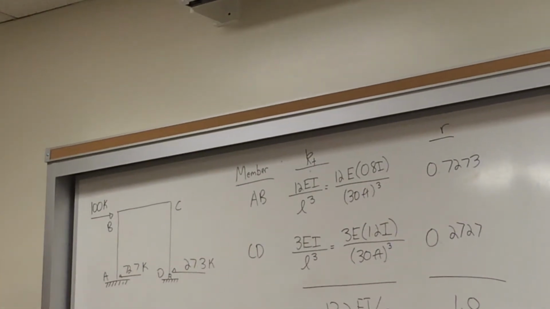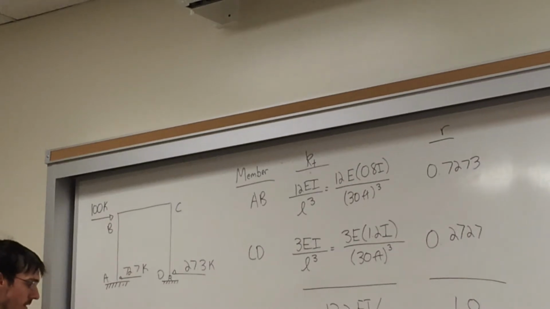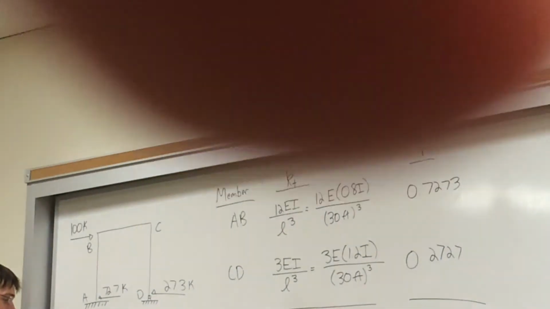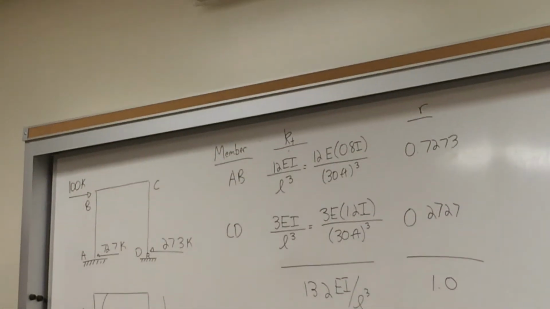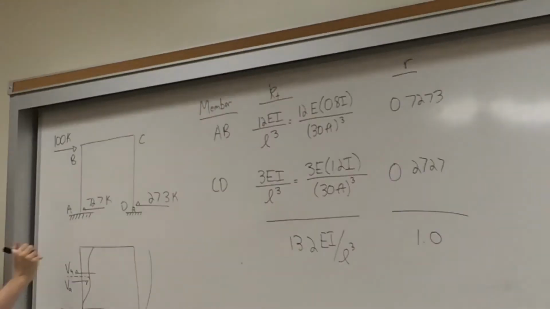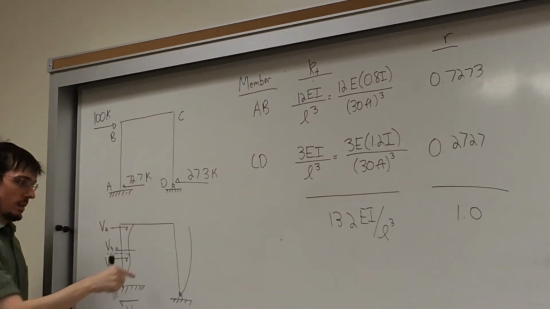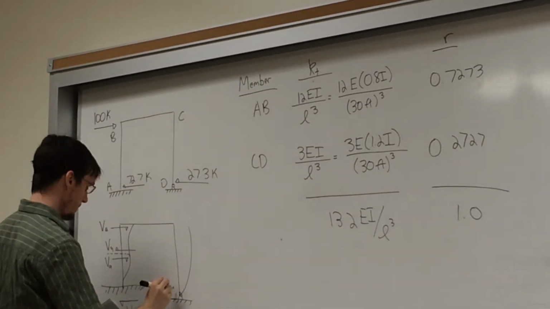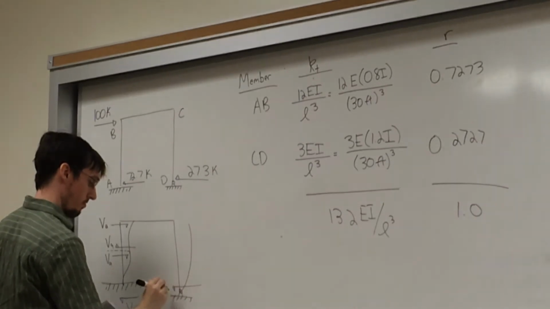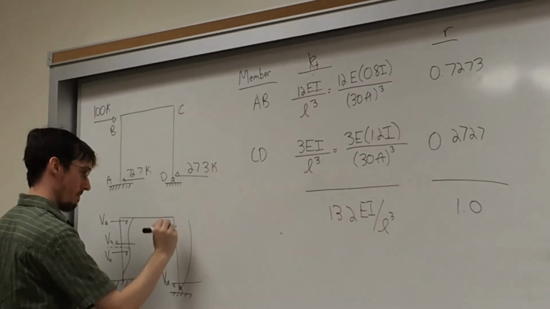And what you'll note is that the fixed column has an inflection point in the middle. So that's BA. You'll get an inflection point where your shear switches directions, the center. And for the fixed pin column, you won't have that behavior.